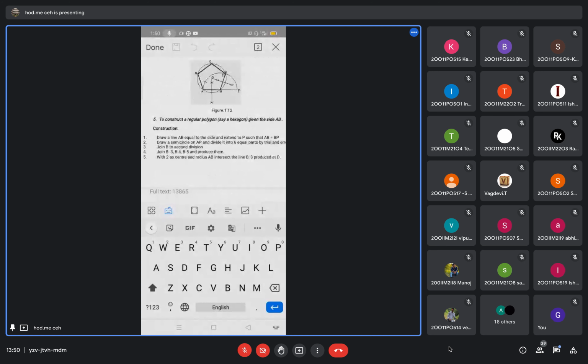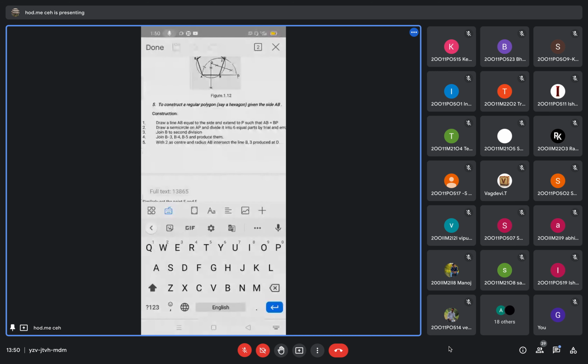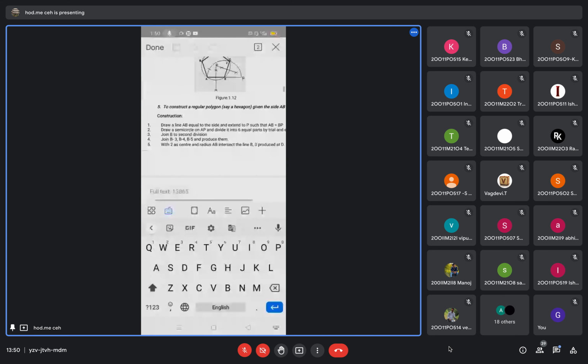Construction of a hexagon, given the side AB. This is the problem.